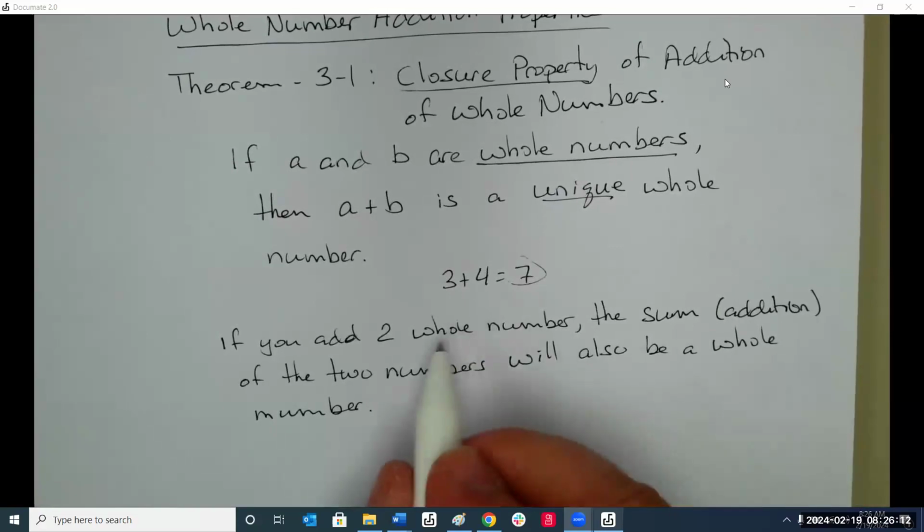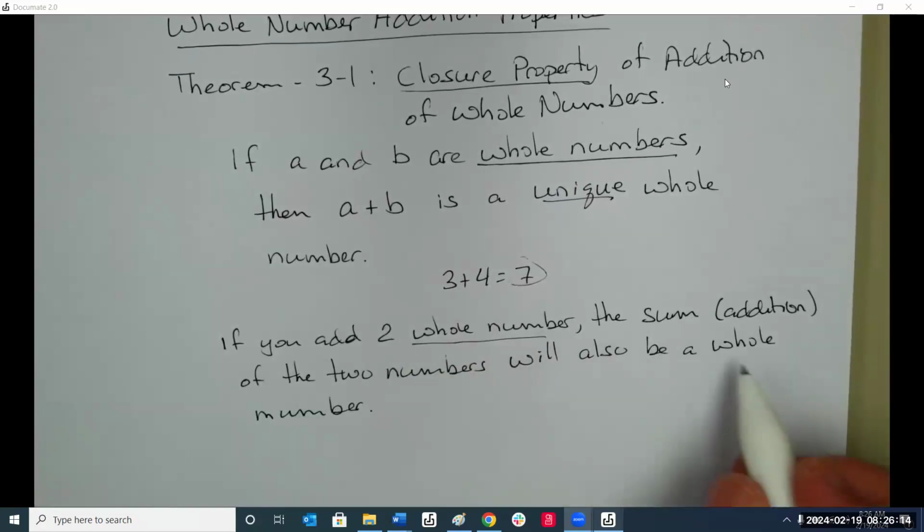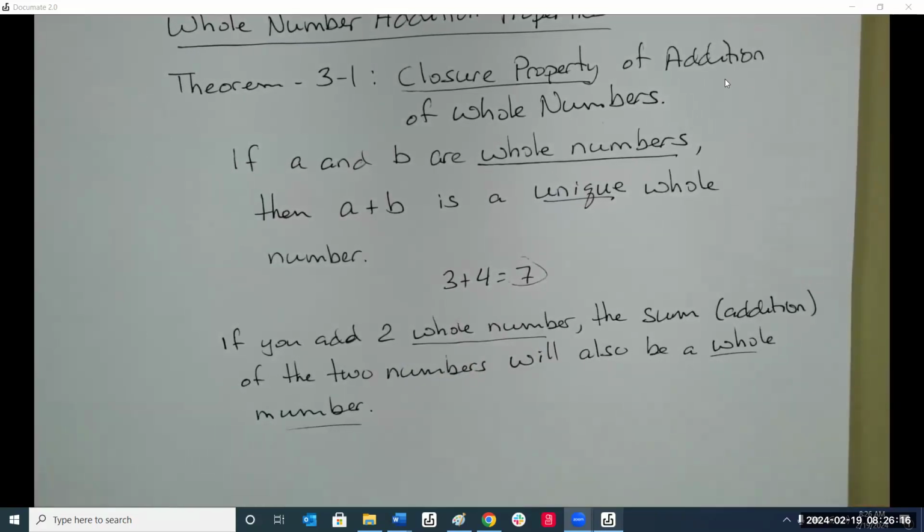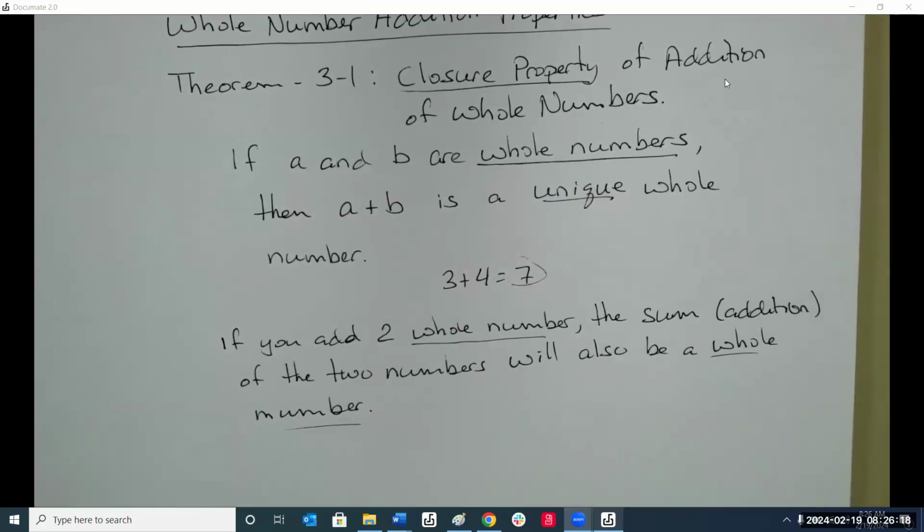That's what it says. So if you start off with a set, will the answer also be in that set? Because if not, then we have issues because you're outside the range of what numbers we're using.